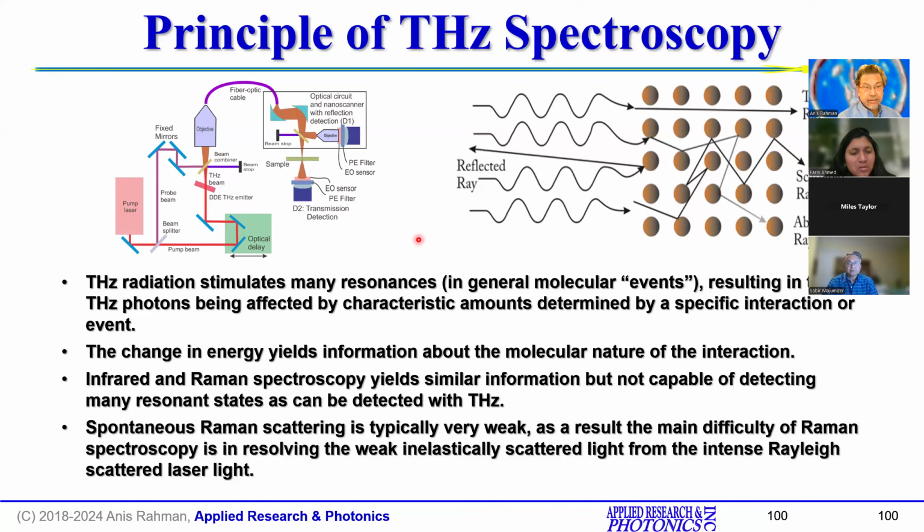That is the advantage, because as you can imagine, a molecule is heavier than the electron itself. Electron is very light compared to a whole molecule. So when the molecule has resonances, that falls in the low frequency region. And that is why this low frequency region is so important.